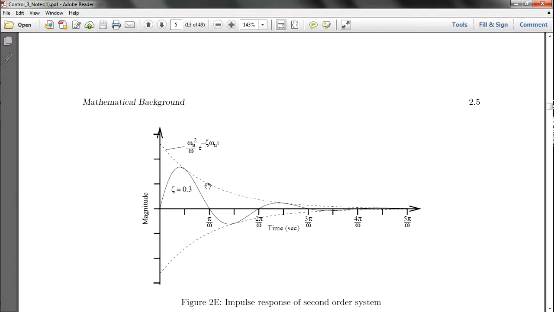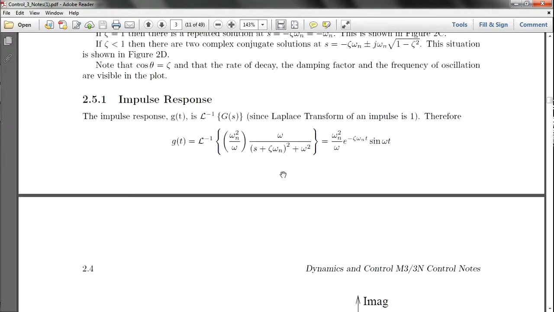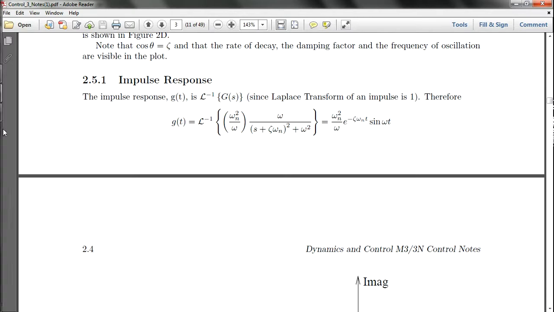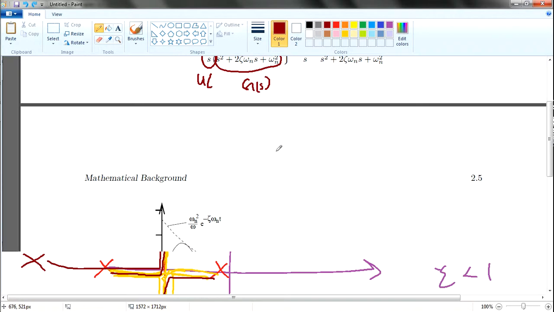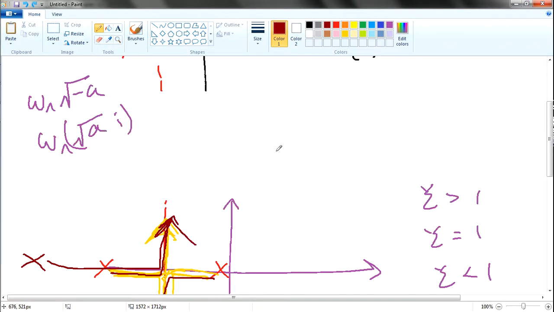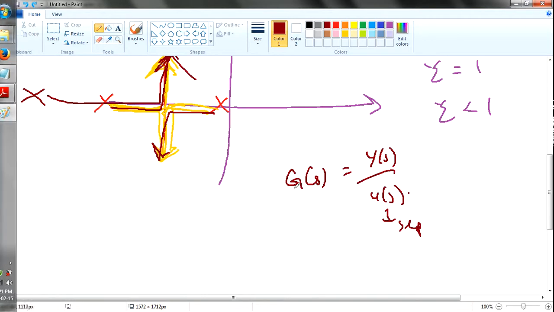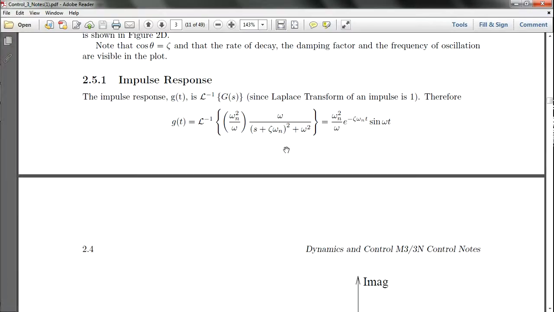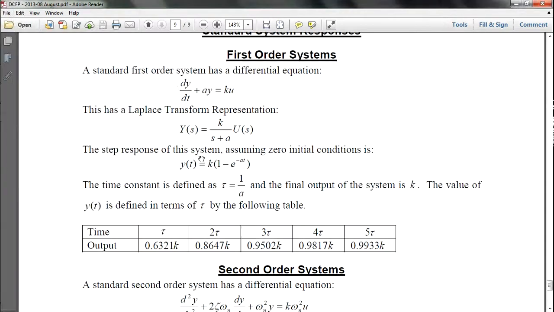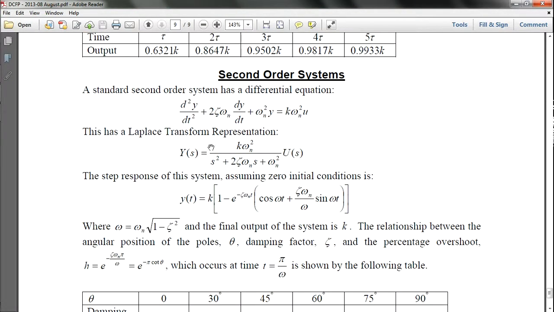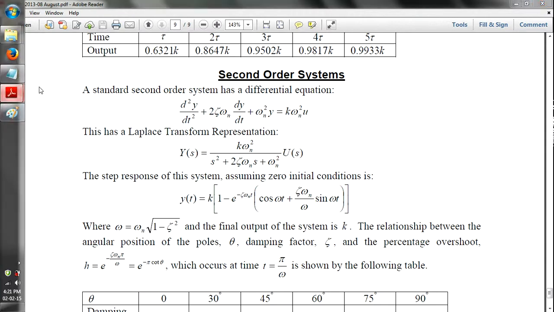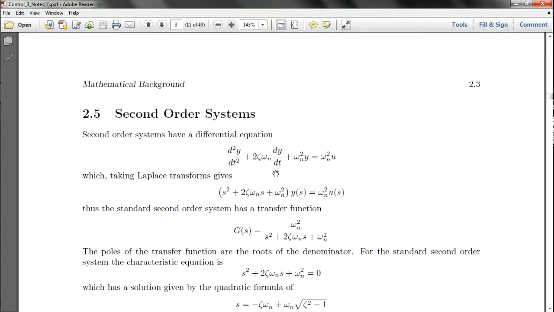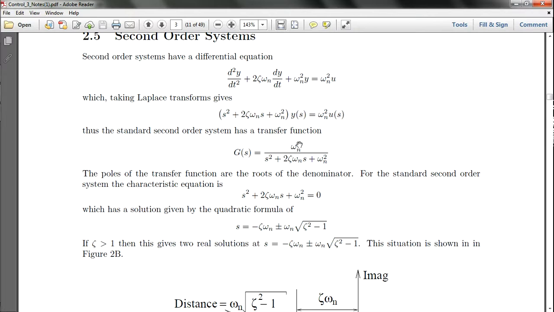For impulse response, as I mentioned earlier, it is when you input an impulse input. In this case, the impulse input is 1. So the transfer function itself is just this thing over here, or otherwise this one, without the k.